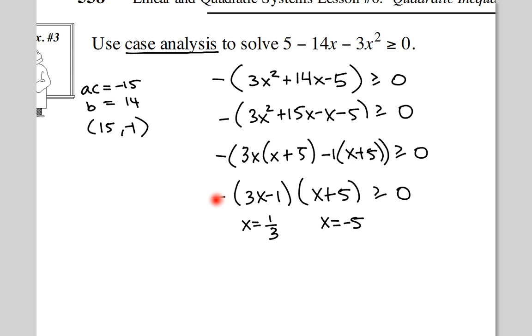Okay, so I feel like this negative on the outside is going to really mess me up, because I've got to look at like, okay, if this is positive and this is positive, then I'm going to multiply by a negative. So I'm going to multiply that negative in. So I have 1 minus 3x, x plus 5 greater or equals 0. So I'm going to analyze this.